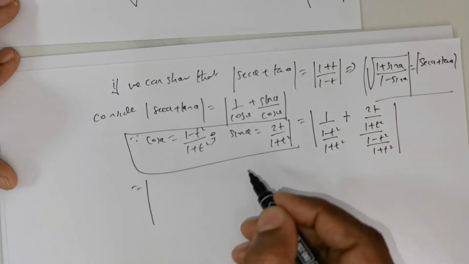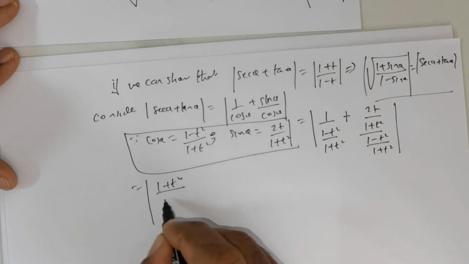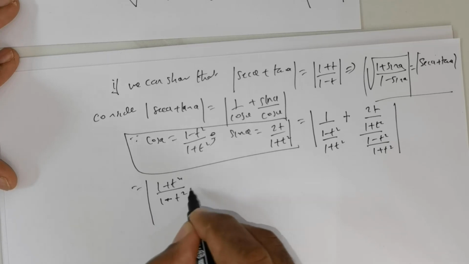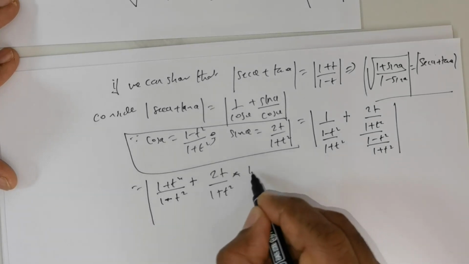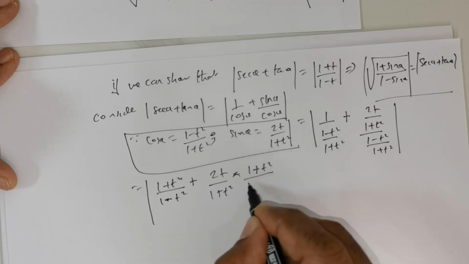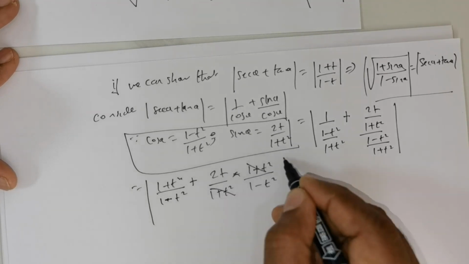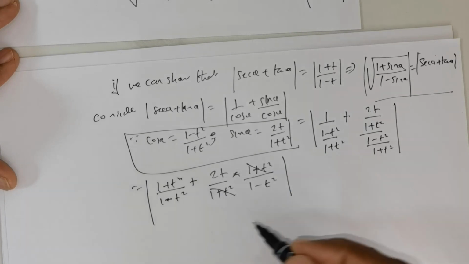You flip it, you get (1 plus t squared)/(1 minus t squared) plus 2t/(1 plus t squared) times (1 plus t squared)/(1 minus t squared). The 1 plus t squared terms get cancelled.